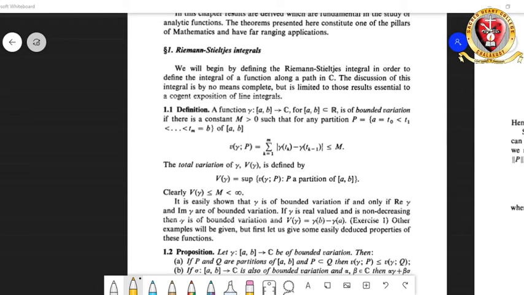So firstly, we need a function gamma which is coming from a closed interval [a, b]. This closed interval [a, b] is a subset of the real line, and it is simply said that it is a function.